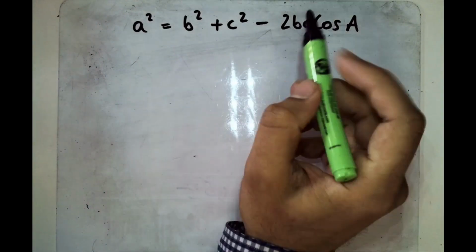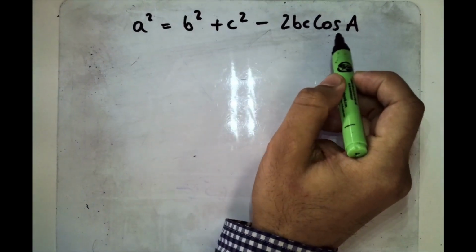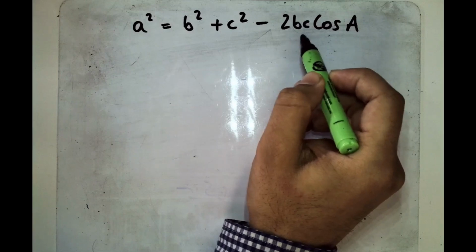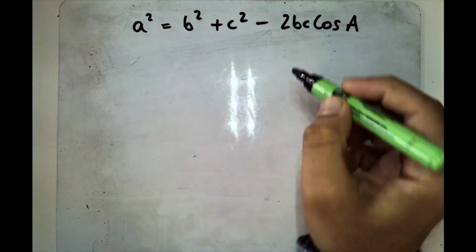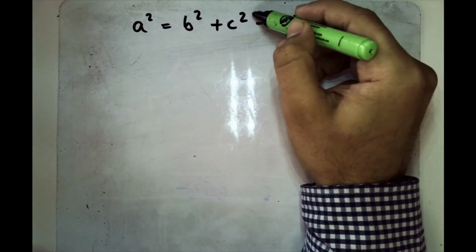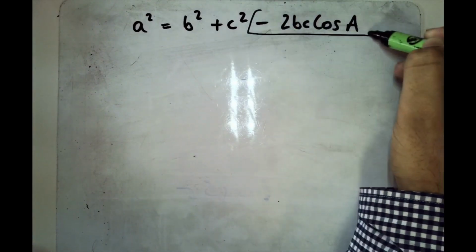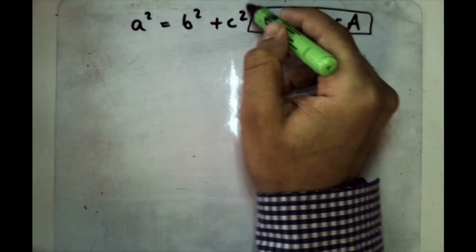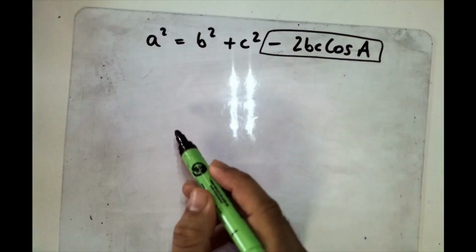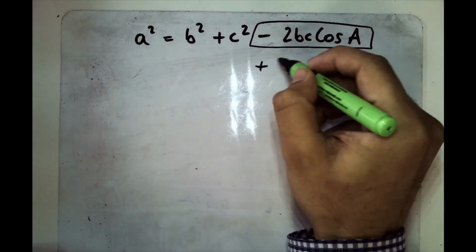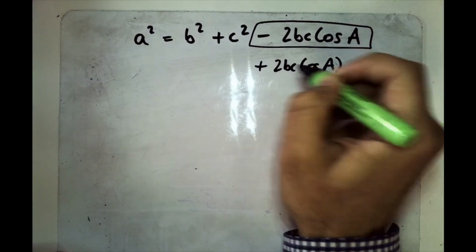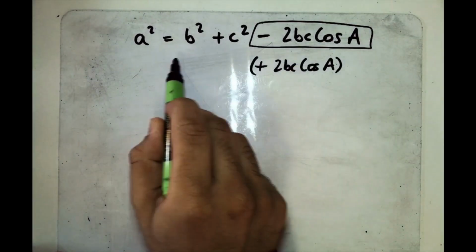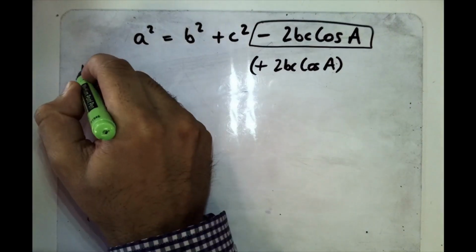First, because cos A is currently attached to 2BC, technically it's actually attached to minus 2BC, I need to move this part onto the other side. I'm going to do that by adding 2BC cos A. And if I do that on one side of the equals line, I have to do the same thing on the other side.